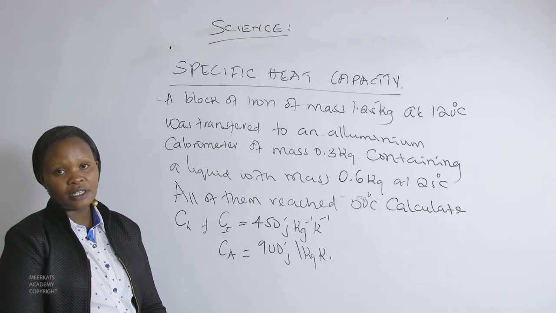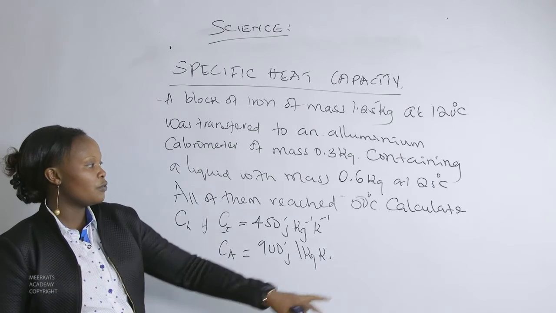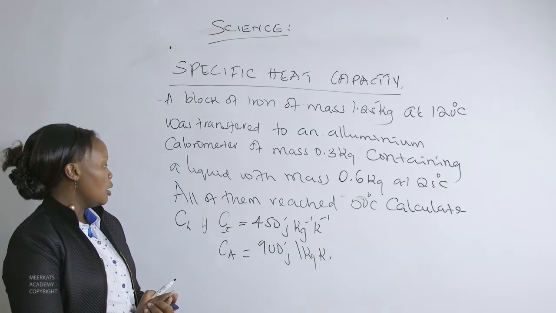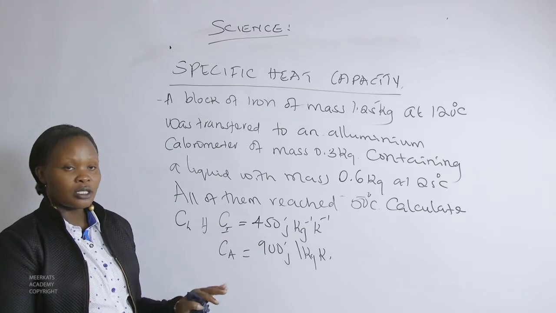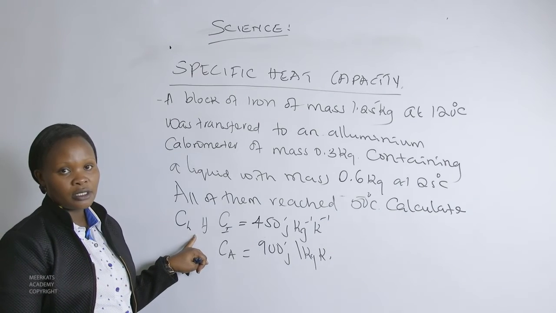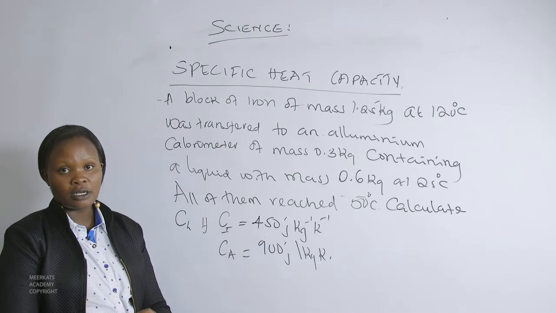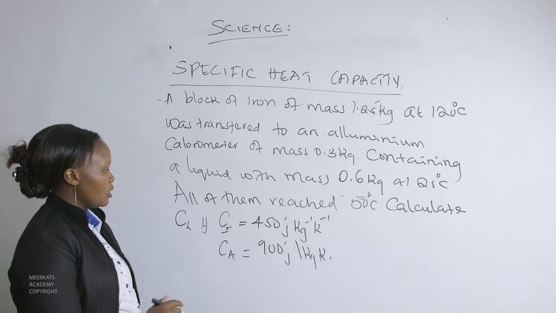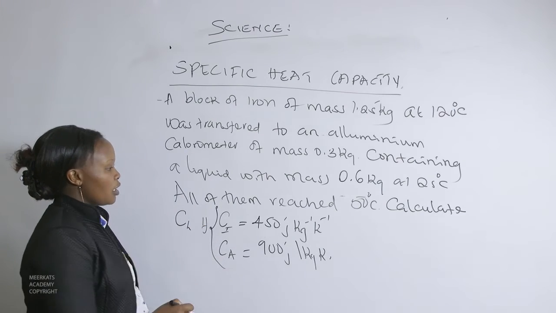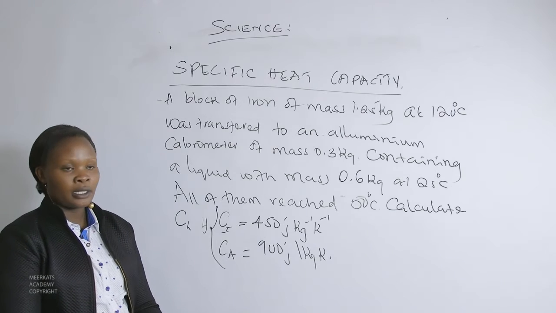If everything reached a steady temperature of 50 degrees centigrade, we are supposed to calculate the specific heat capacity of the liquid in the calorimeter, and the specific heat capacity of the others is given.